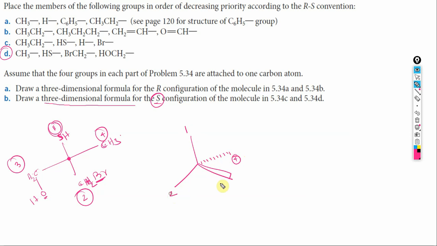So I'm going to have 1, 2 and 3. Therefore 1 is your thiol, SH. Second priority is your CH2Br, that is your CH2 and bromine, and third priority is your CH2OH. Okay, and fourth priority is CH3. So this molecule is going to be an S centered molecule.